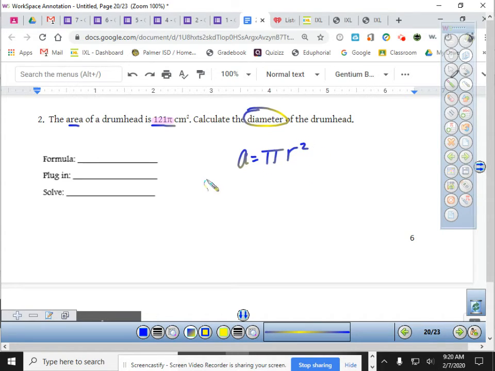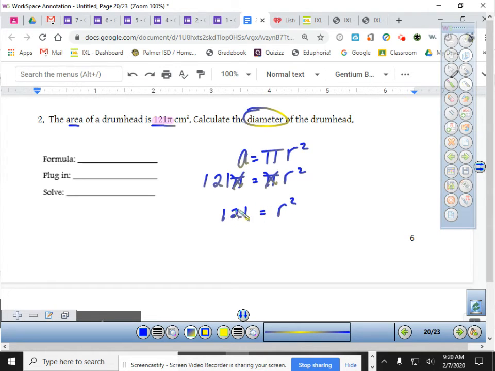What is the area? 121 pi. Yes. Did they change pi? No. Are you going to change it? What are we going to do with those? Cancel out, right? We're left with the radius squared equals what? 121.